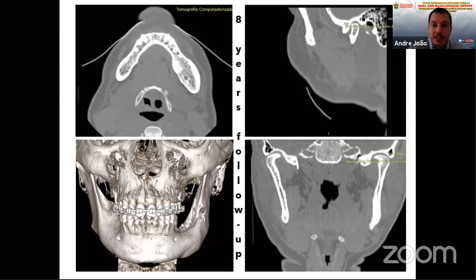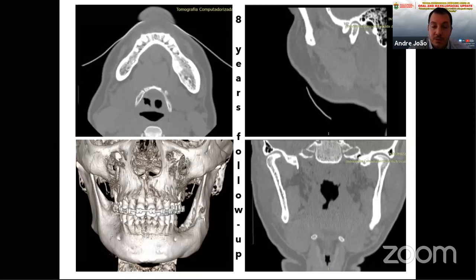Okay, 8 years of follow-up is not long enough. Recurrence can happen 10, 20 years after, but what will happen if it recurs? Malignant transformation of ameloblastoma is quite rare, metastasis as well. So it will probably recur as another ameloblastoma.